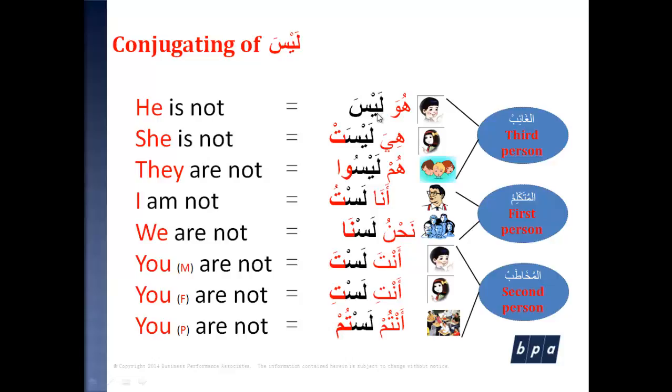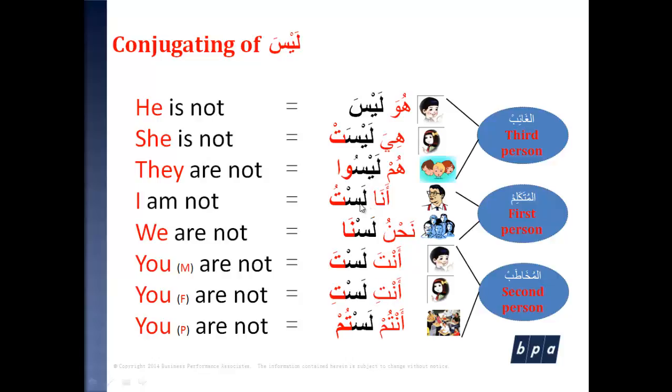Things to note: the vocalization of the lam and the ya stays the same for huwa, hiya, and hum. Notice that the ya disappears with ana, nahnu, anta, for all the first and second person.